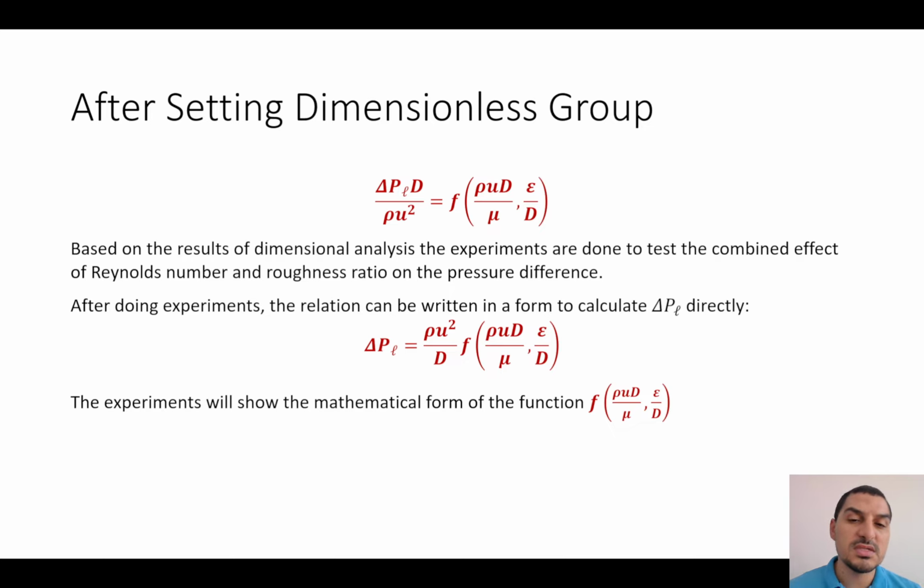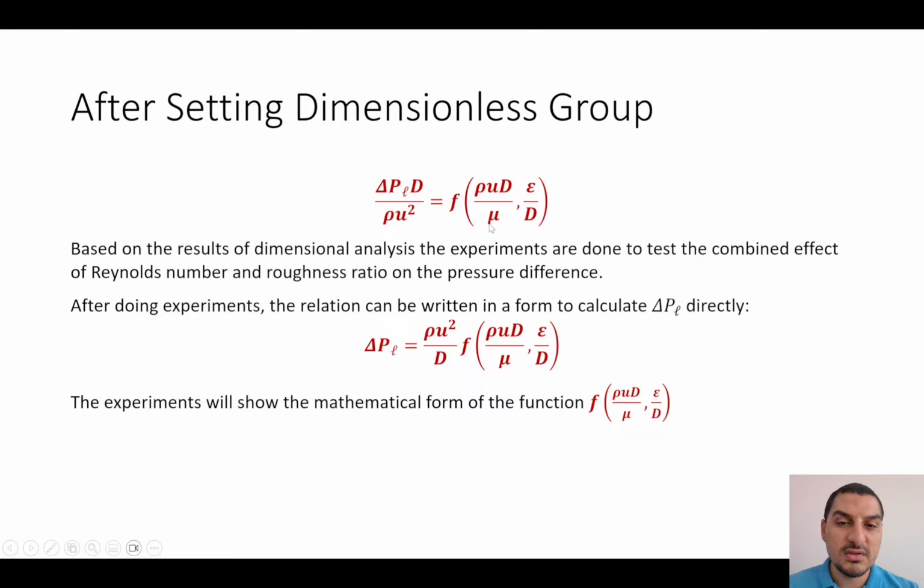So the experiments needed to get this relation are just for two variables on one parameter instead of five variables on one parameter, which is much easier and more practical. And the practicality is important here, because we are not only studying the effect of density or viscosity, we are studying the combined effect.